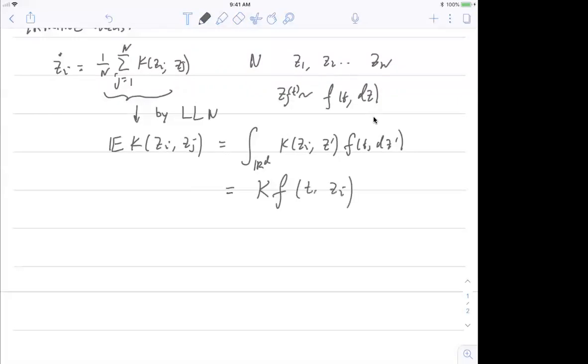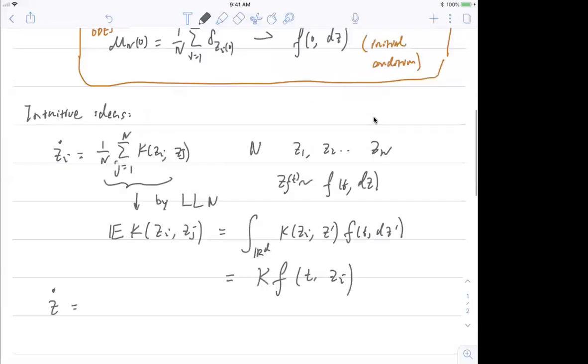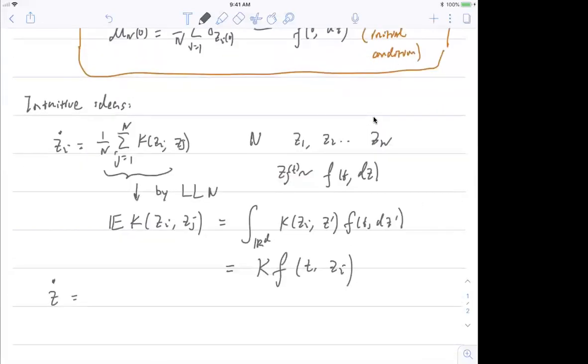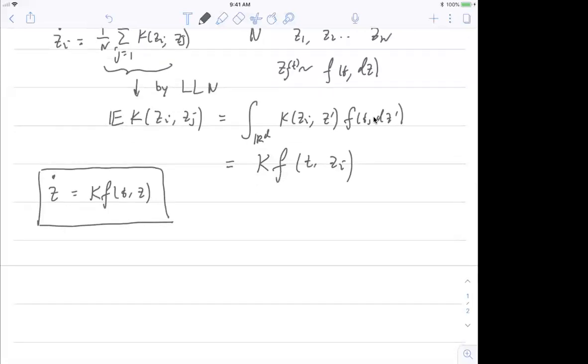t(z_i). So this hints that the original ODE is just n copies of the following equation: the time derivative of z equals kappa f_t(z). So the original ODE system can be approximated by this. What's this?